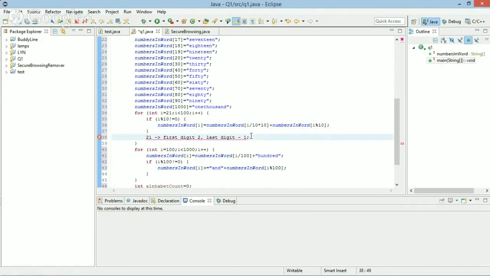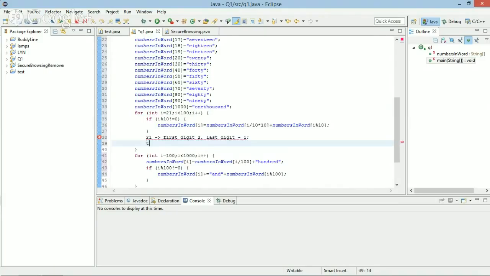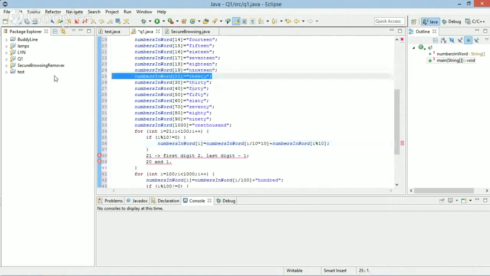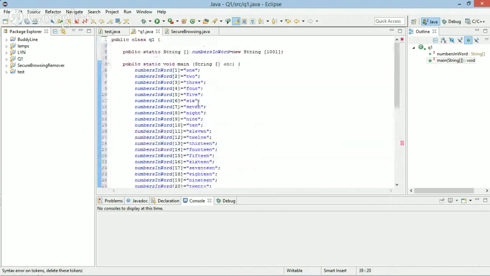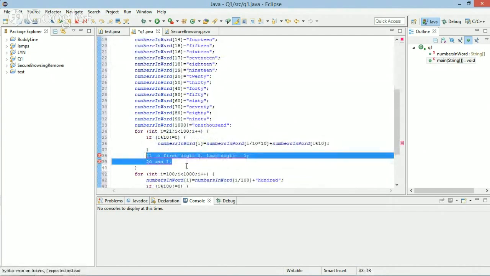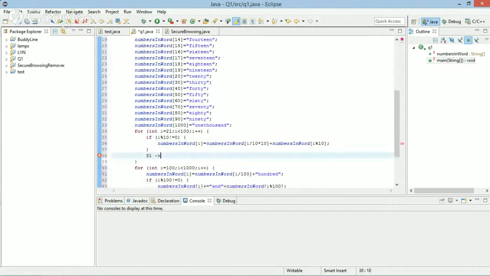So after building that, we will get 20 and 1. We will refer back to the value that we have stored for 20, and then 1. So let's say I have 31.